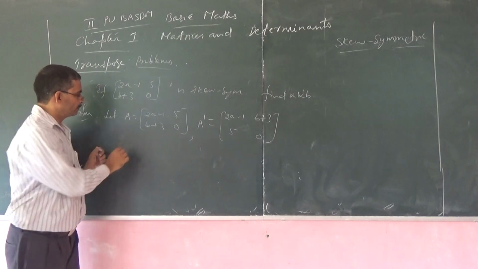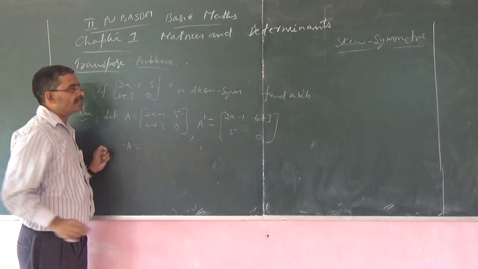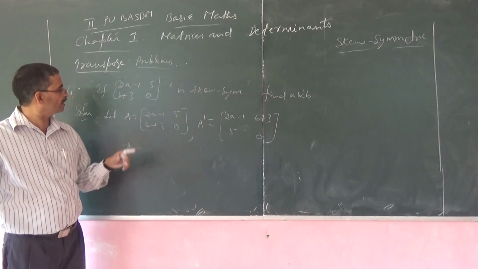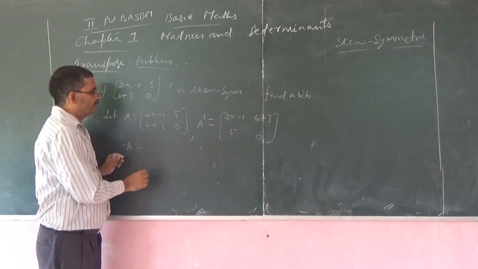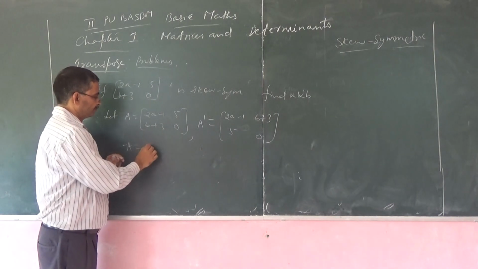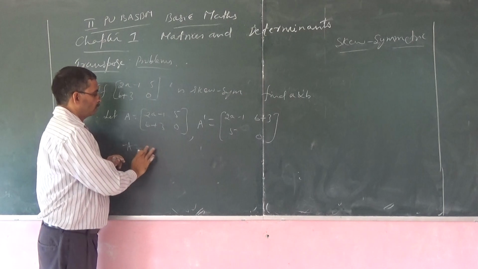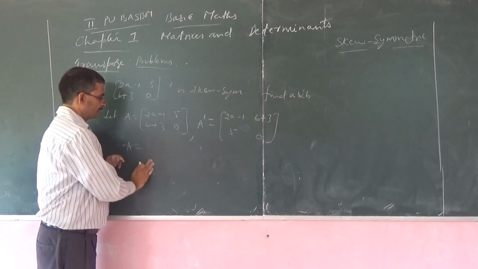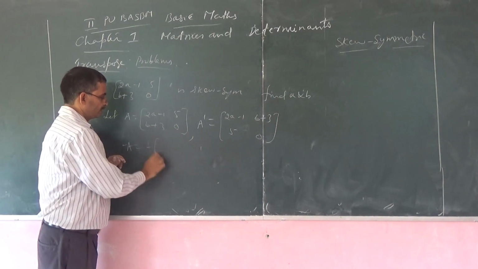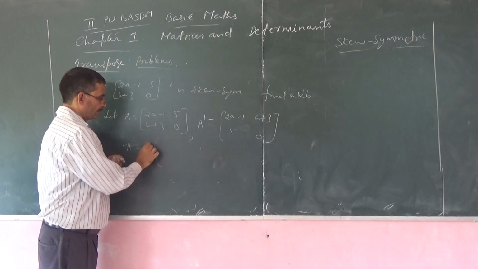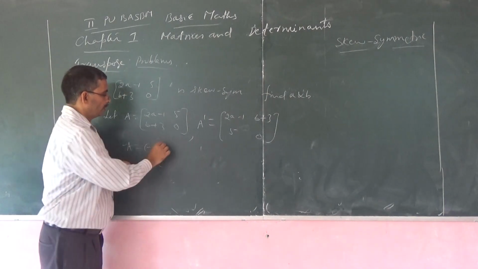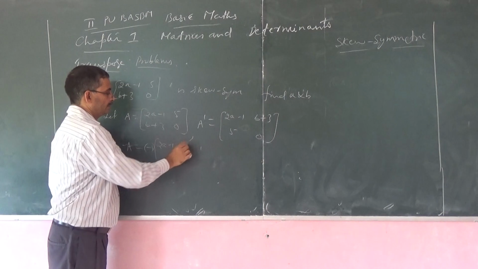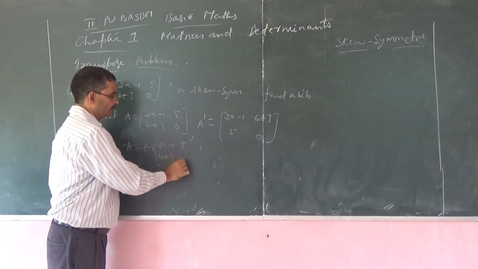Minus A equal to, you have to calculate minus A also. Minus A equal to minus into this much. So I will multiply by minus sign, minus 1 into 2a minus 1, 5, b plus 3, 0.